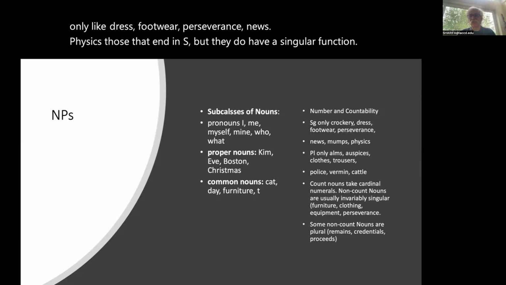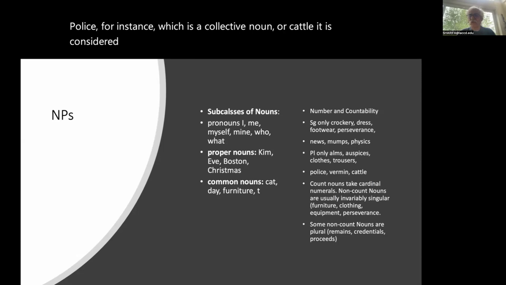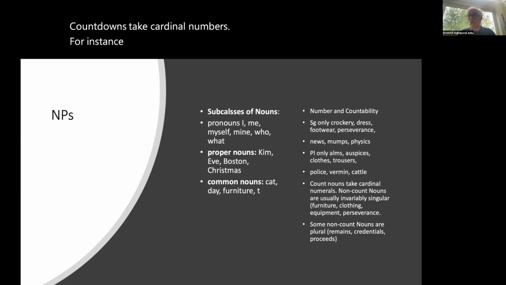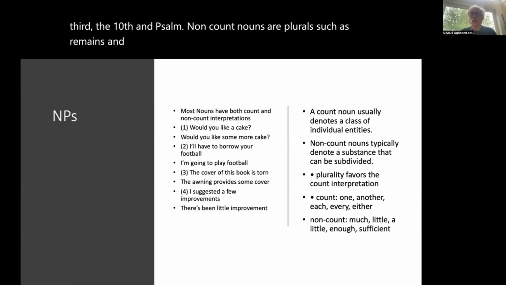Police, for instance, which is a collective noun, or cattle, it is considered singular, even though it is a collective noun. Count nouns take cardinal numbers. For instance, one, two, three, or the first meeting, the second, the third, the 10th. And some non-count nouns are plurals, such as remains and credentials.